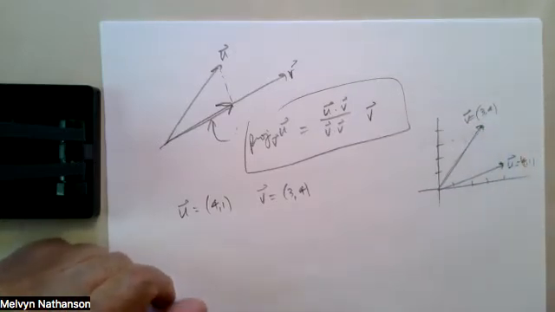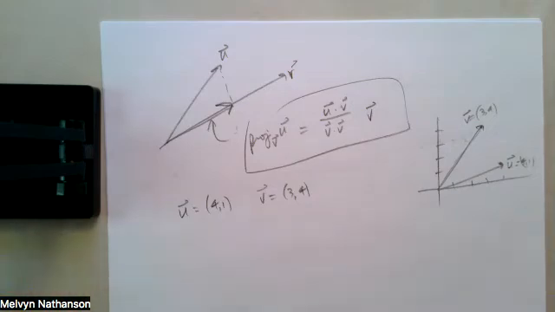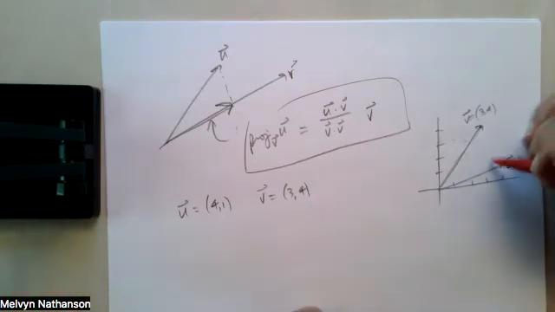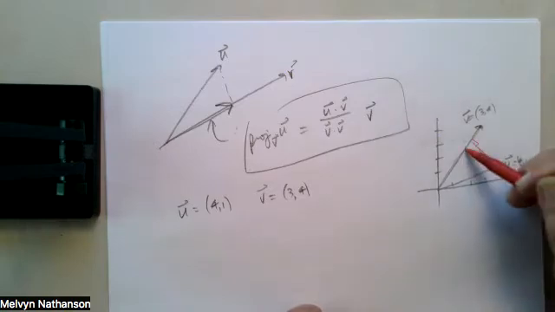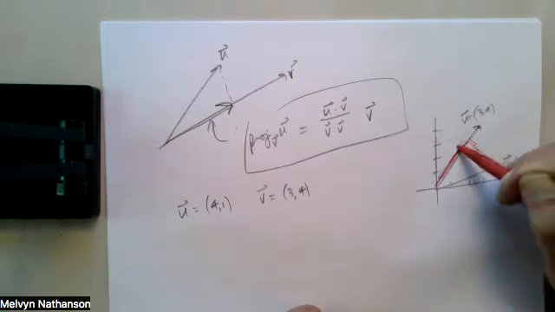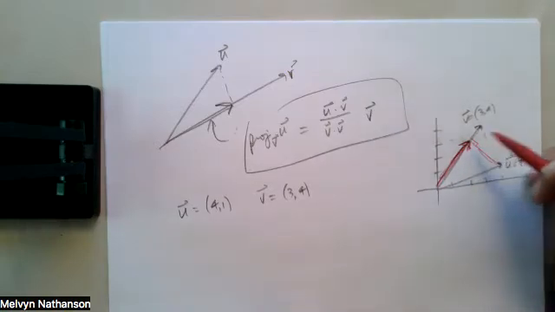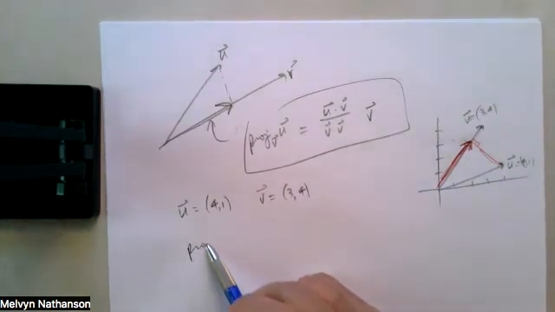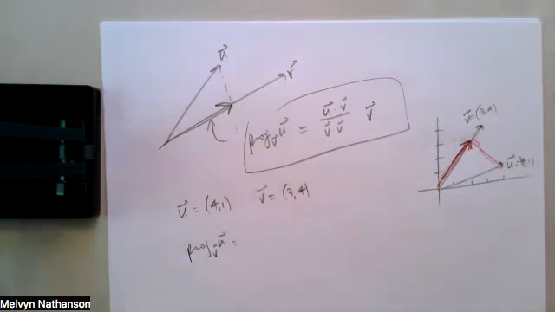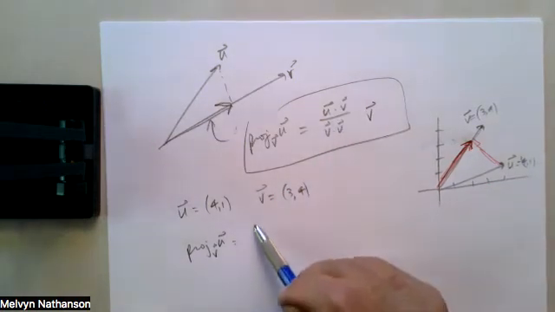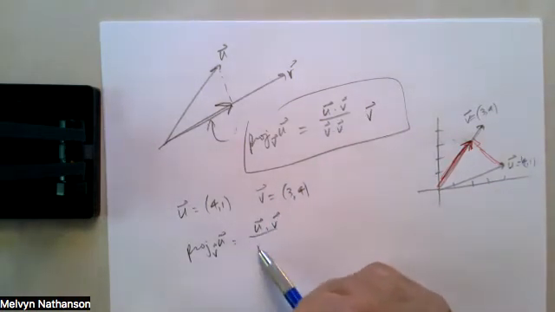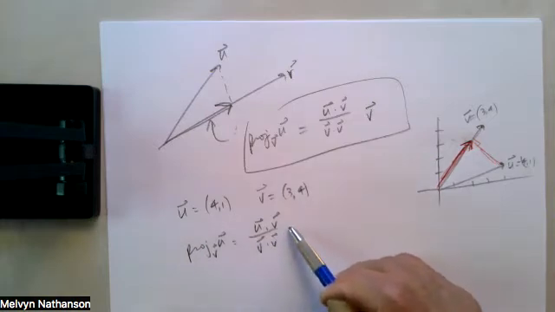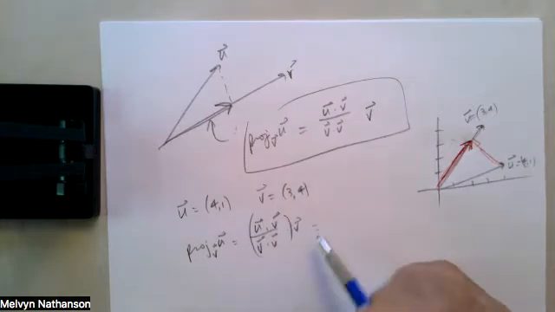And if we want the projection of u onto v, so here's u, I'm going to take this perpendicular. So this vector in red is the projection of u in the direction of v.